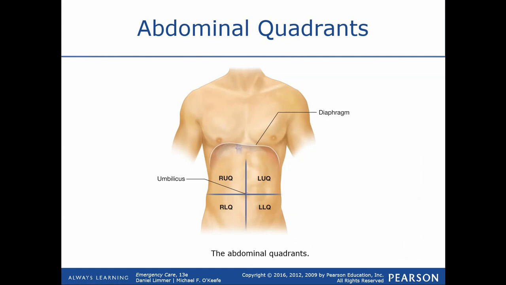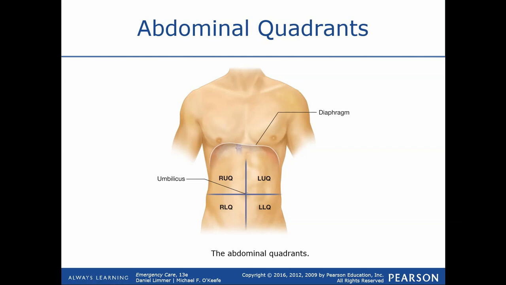Your upper abdomen or your upper quadrants are very, very small compared to your lower quadrants. The lower quadrants go all the way down into the pelvic girdle there and typically involve a lot more in the way of organs. Now the upper quadrants, those organs are usually going to be more life-threatening if there's an issue with them. But that doesn't mean that we can't have life-threatening issues in the lower quadrants as well.